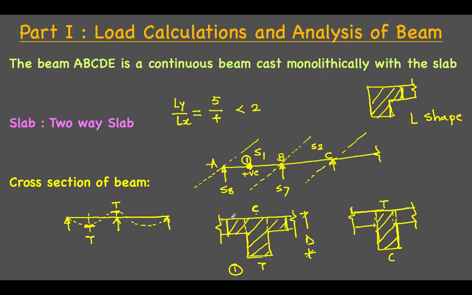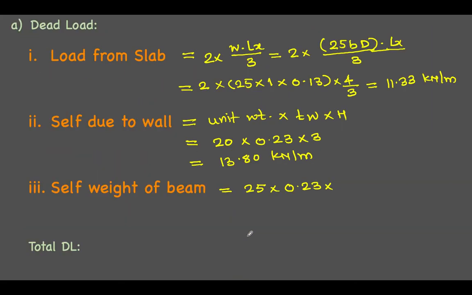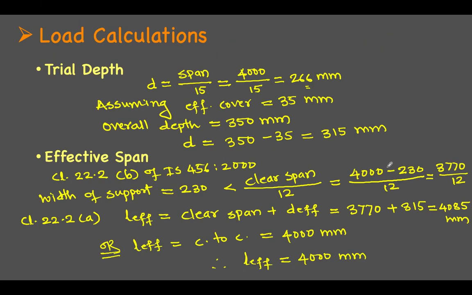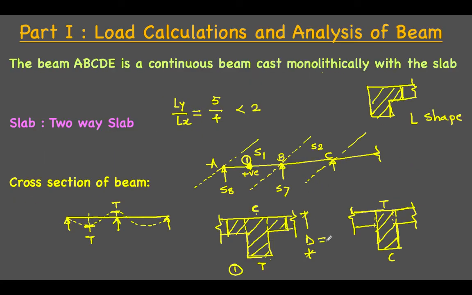For identifying this depth of beam, we have to consider this flanged beam as T section. When we consider this as T section, the depth of beam is equal to the total depth, which we have already calculated as overall depth of 350 mm, minus thickness of slab, which is given as 130 mm.